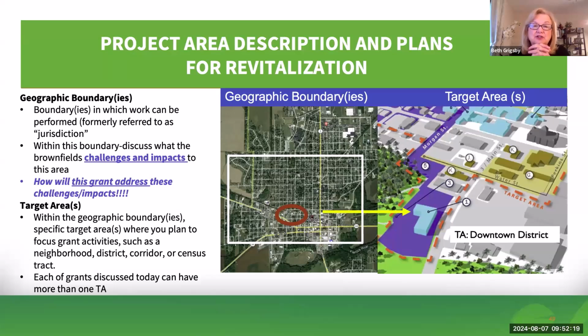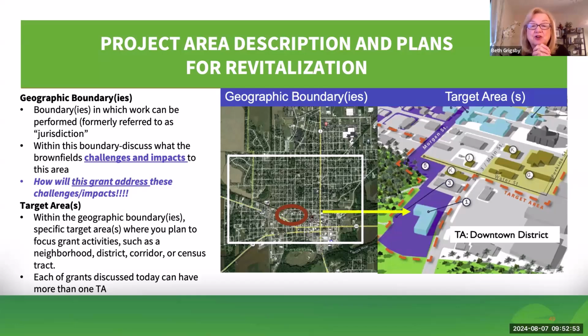So if you see here, the geographic boundary, I've made it a white square because I'm not really technically savvy. Within that geographic boundary, I had a target area. And that's where you really are going to focus your grant activities. And if that's in your work plan, remember, you really are committed to working in that target area unless you're unable to get site access or other things are going on.